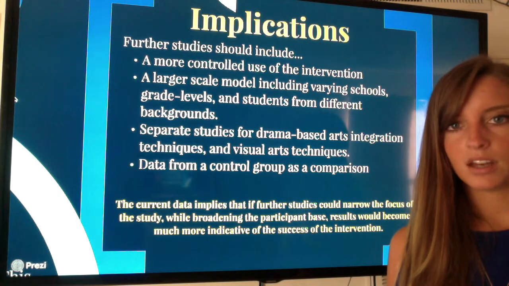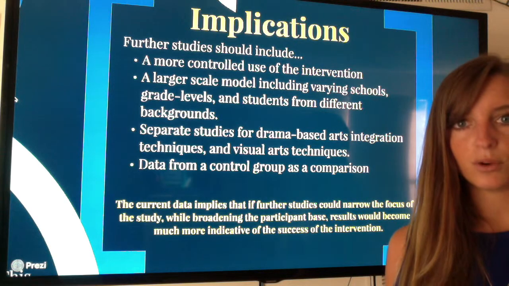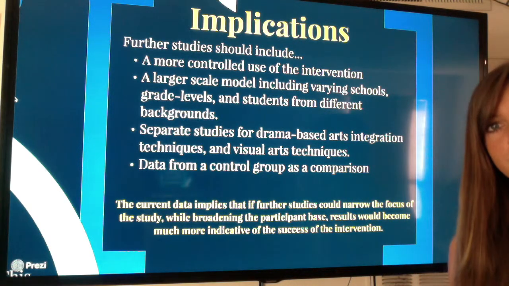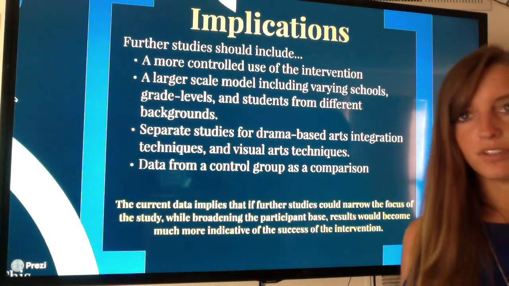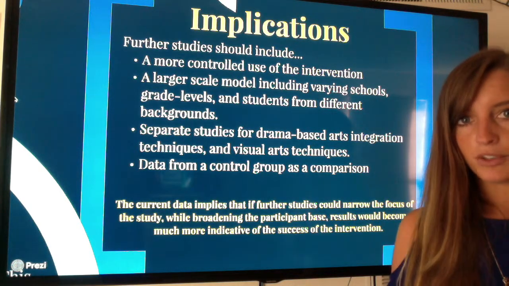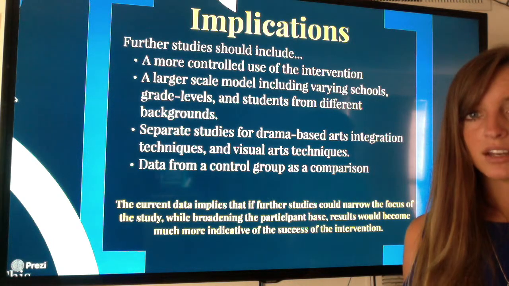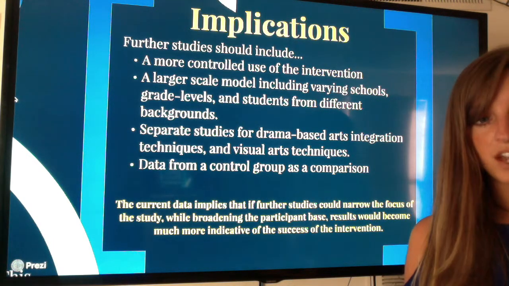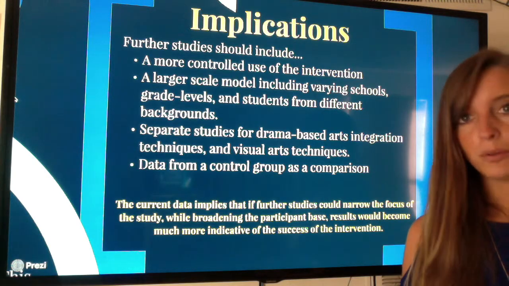It would then be ideal to have separate studies for drama-based arts integration as well as visual arts integration to differentiate the impact of each of those separately. And then a data control group would also be relevant as a comparison to that focal group.